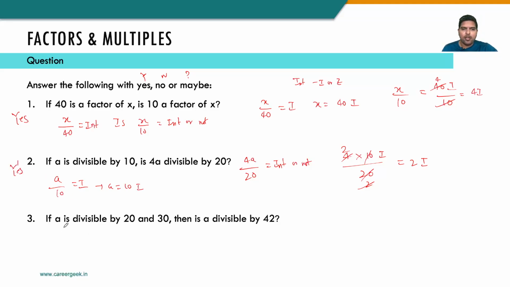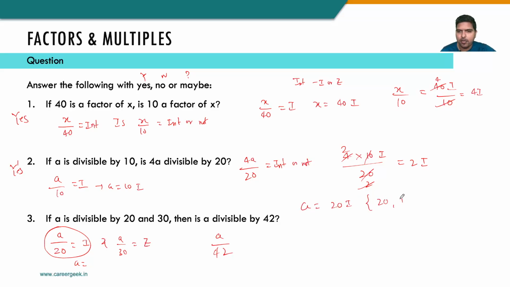Same. If a is divisible by 20 and 30, okay, so that means a upon 20 is an integer and a upon 30 is also an integer, let's say. Okay, then is a divisible by 42? Okay, what we understand is that a is a multiple of, so first we'll need to take the common values, right, of this. So as per this statement, what values will a take? Multiples of 20, right?